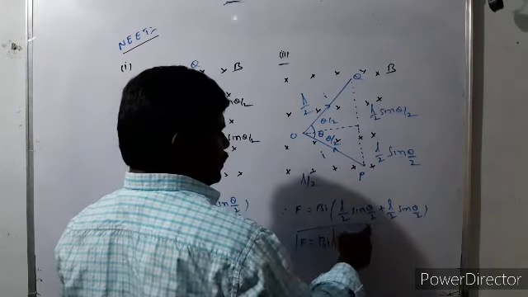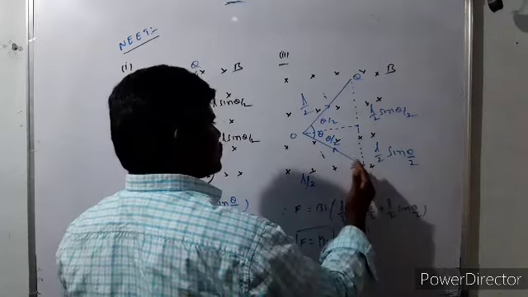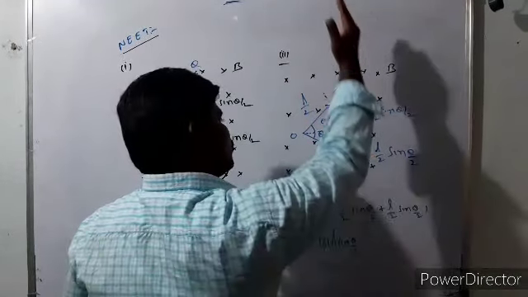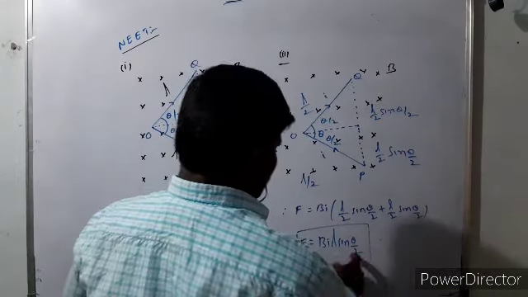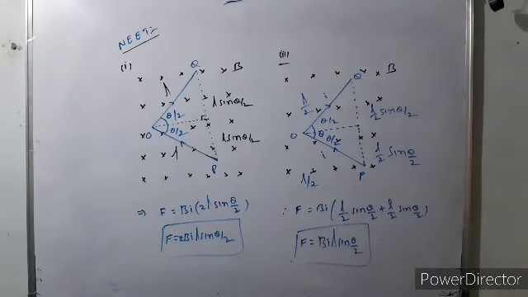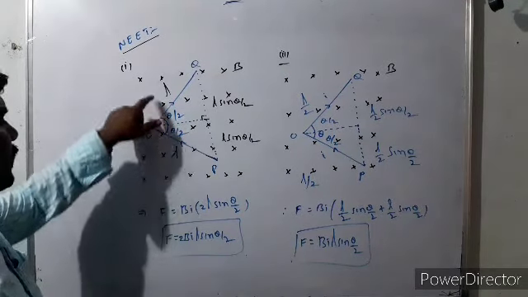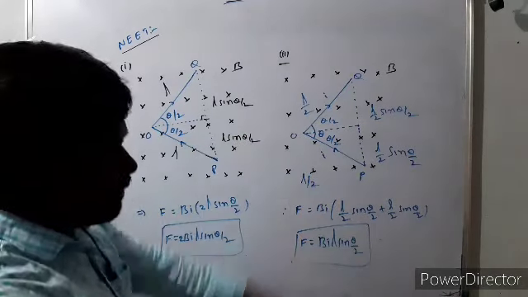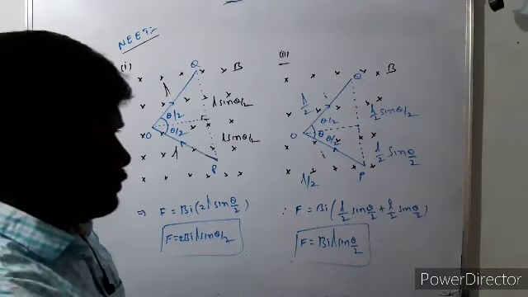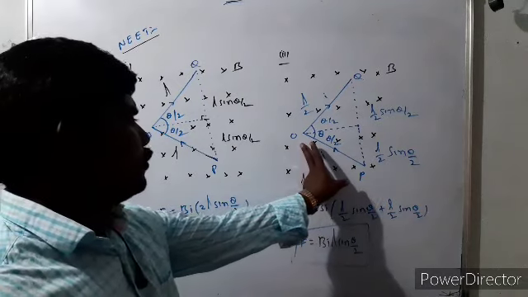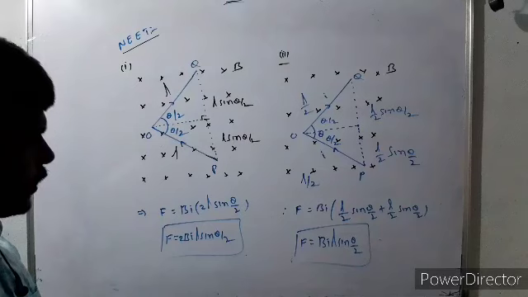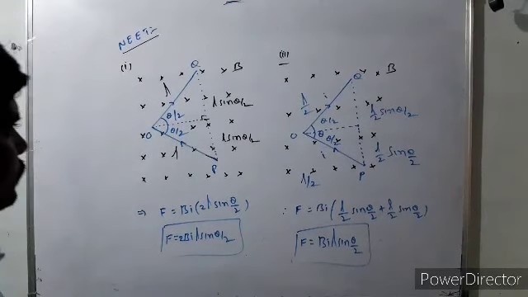Now current is also from P to Q via O here, but if you consider a straight conductor, the current is flowing from P to Q. The two cases are similar, but here a conductor of length L was bent at its midpoint to a V shape. O is the midpoint, OP is L by 2, OQ is L by 2, if L is the total length of the conductor. Okay students, there is a small difference between these two.